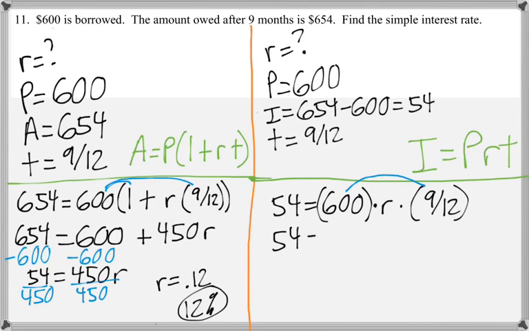And we get 54 is equal to 450 times R. Now this should be looking very similar at this point to the first method, and we are going to get the same thing. So R is equal to 0.12, which is 12%.